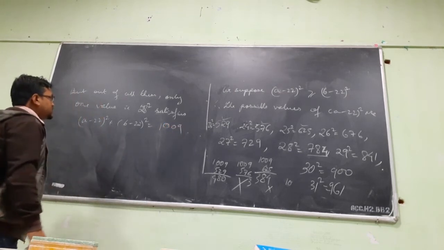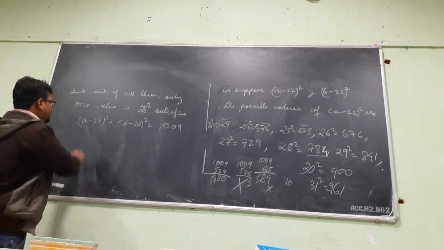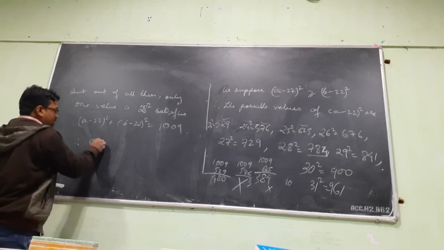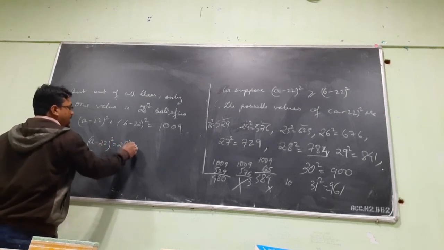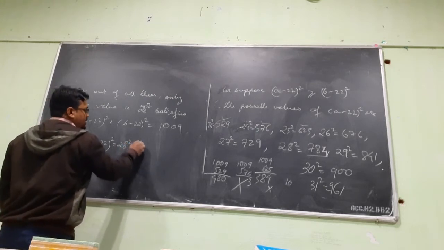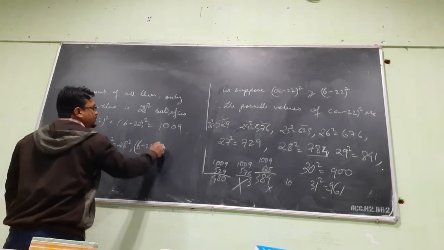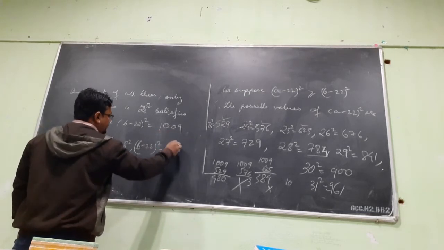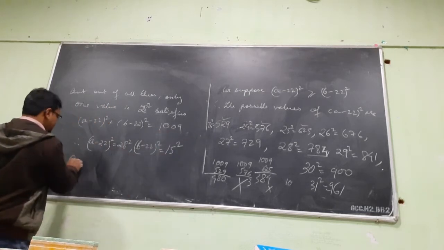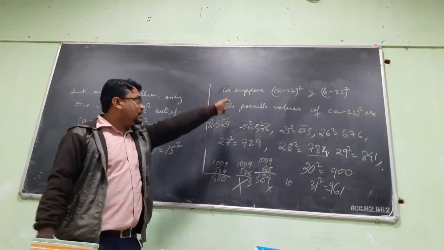So either (a minus 22) square is 28 square and (b minus 22) square is 15 square, or the other way around.